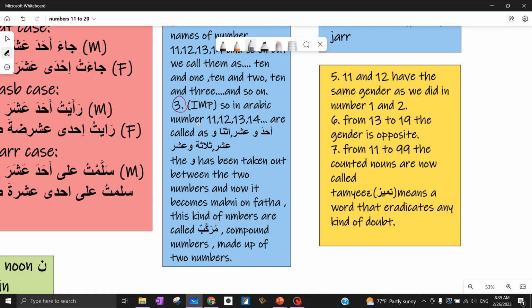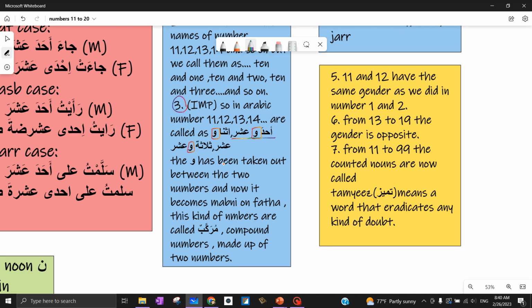So in Arabic, numbers 11, 12, 13, 14 and so on are called ahada wa ashara. Now pay attention to the structure. What is the structure with a waw here? Ahada wa ashara. What did we say? That it is called 10 and 1, 10 and 2, 10 and 3.